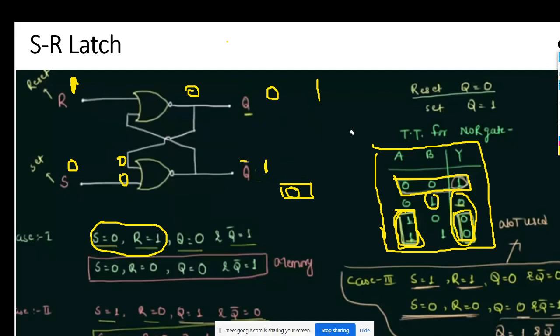Now let's see what happens if you again make it 0 0. Now we reset to 0. Now again, we don't want to keep on resetting. Now we want to make it remember that it is 0. So how to make things remember?